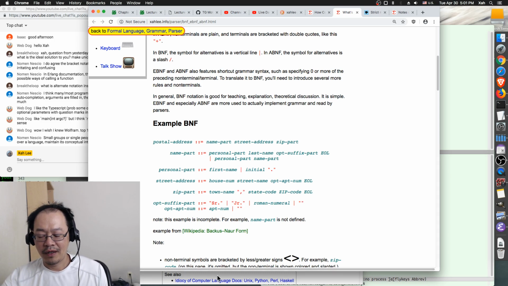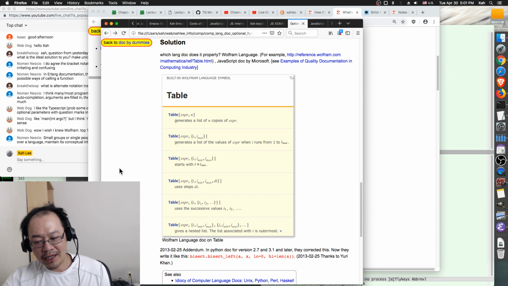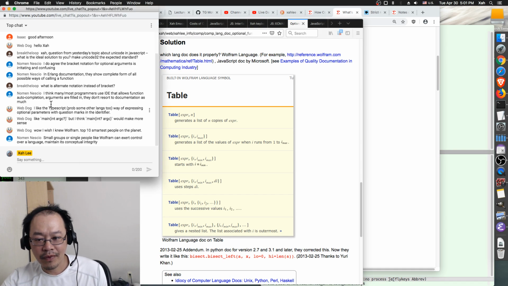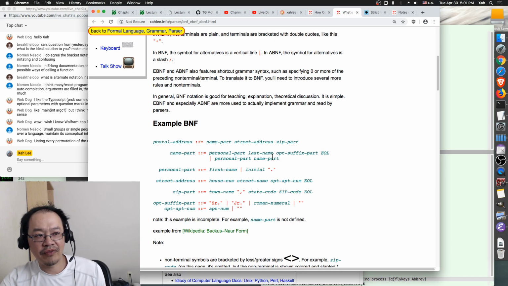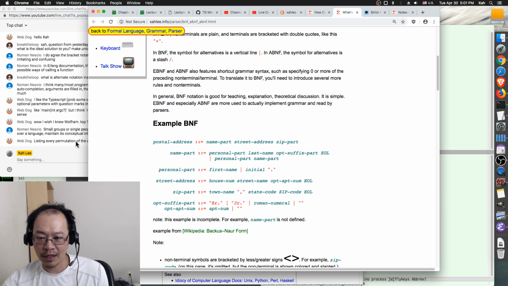Okay, yeah, but anyway, by the way, using a question mark is also kind of common. It's also a conventional practice to indicate optional parameters.